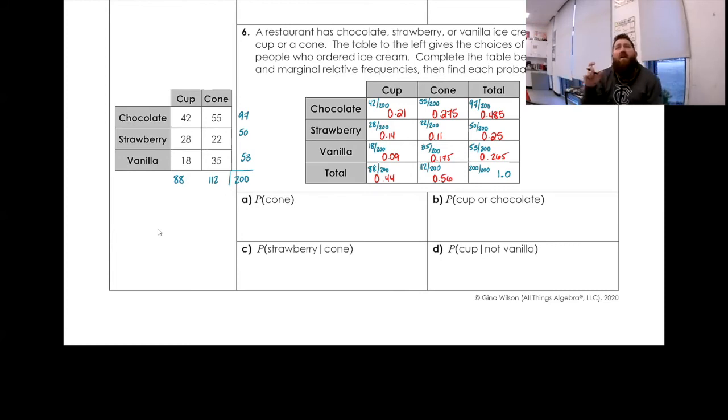So the red is all of our marginal and joint frequencies.